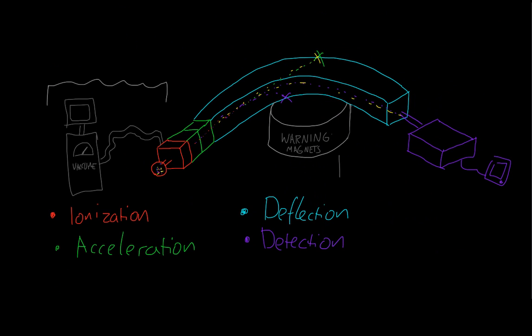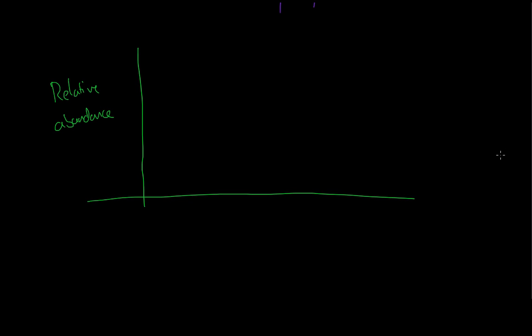We'll have a y-axis and an x-axis, and on our y-axis we will have what is called the relative abundance. This is just a calculation to find where the most electricity was produced, so it will tell you how much of each of the compounds are in the sample. So let's say in this drawing we had a lot of purple but only a little bit of yellow, then the purple will be really high on the y-axis and the yellow will be really low.